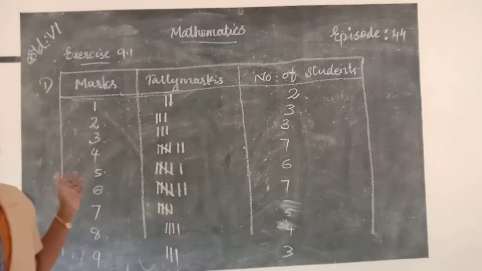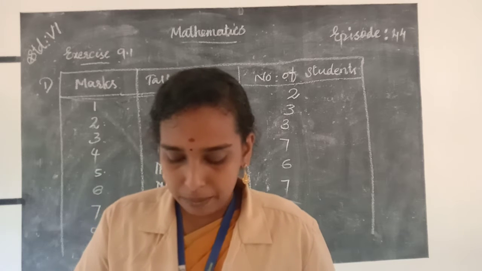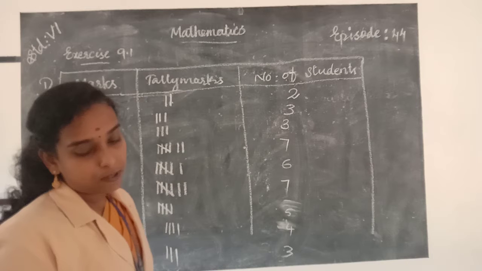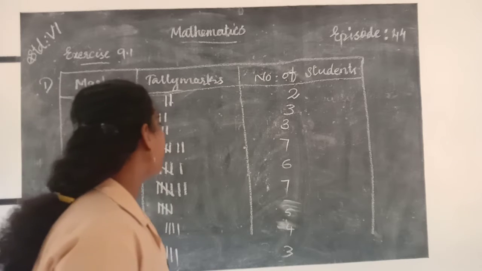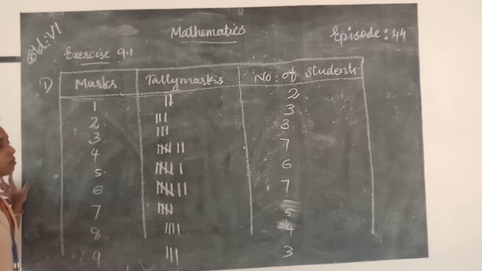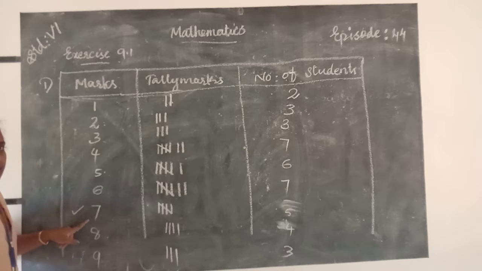And here some questions are given in your textbook. Question A: find how many students obtain marks equal to or more than 7. So we want to find the number of students who got equal to or more than 7. 7 is equal to 7 and 9 is more than 7.